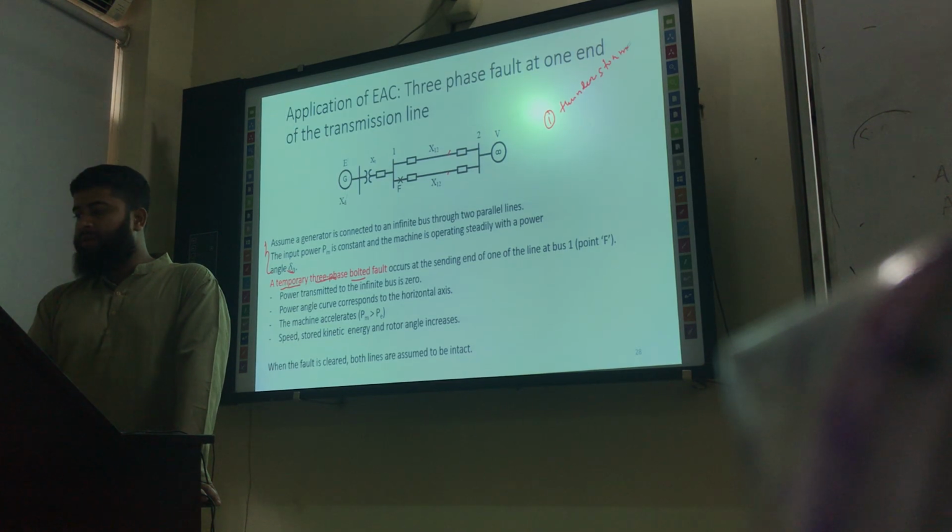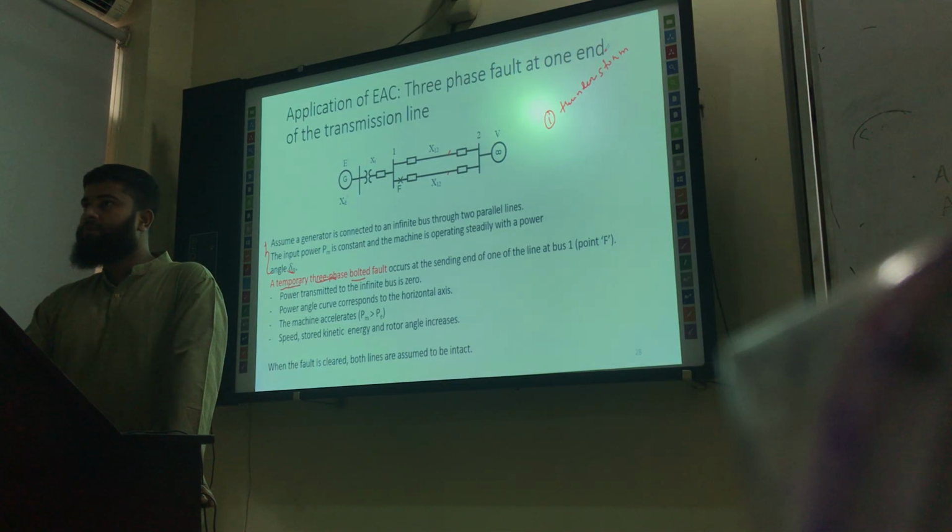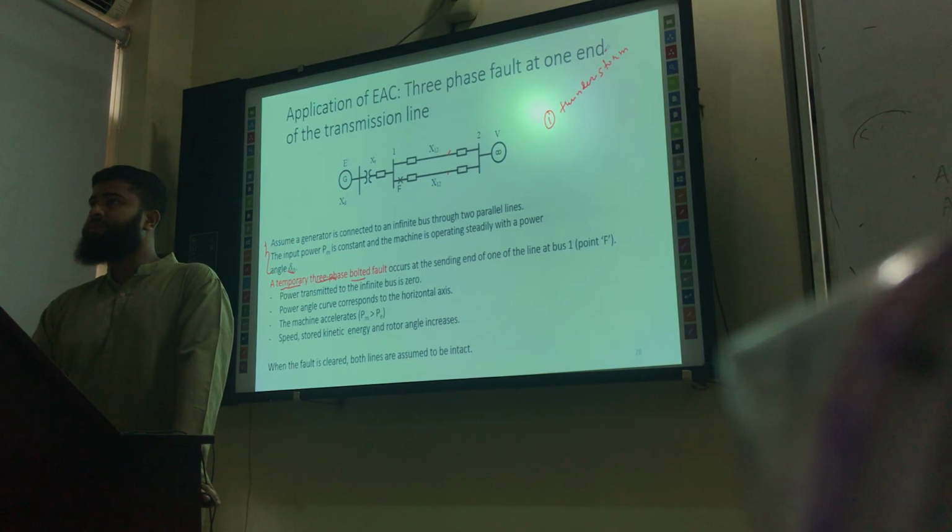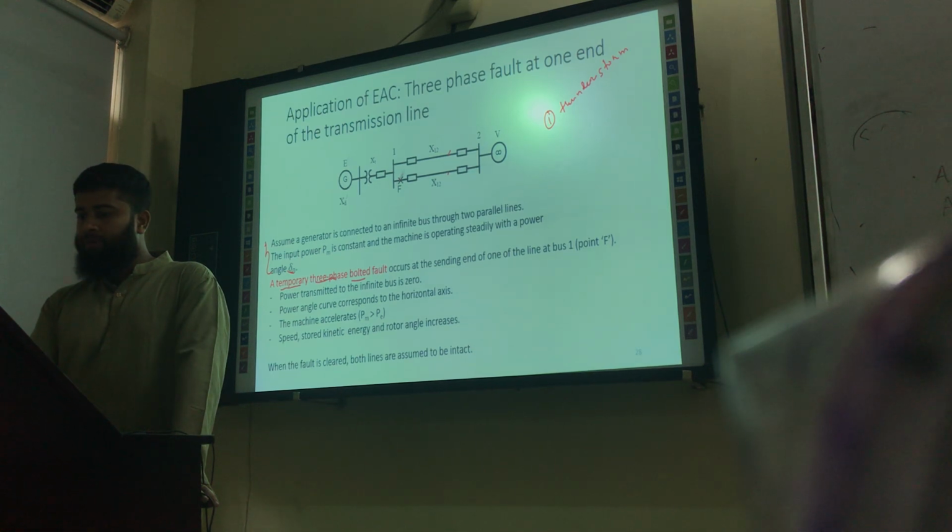We know that this thunderstorm vanishes within the blink of an eye, right? It comes and it vanishes quickly. So whenever the thunderstorm comes and touches this line somehow, then that line will be short circuited, right? There will be a short circuit path to the ground.